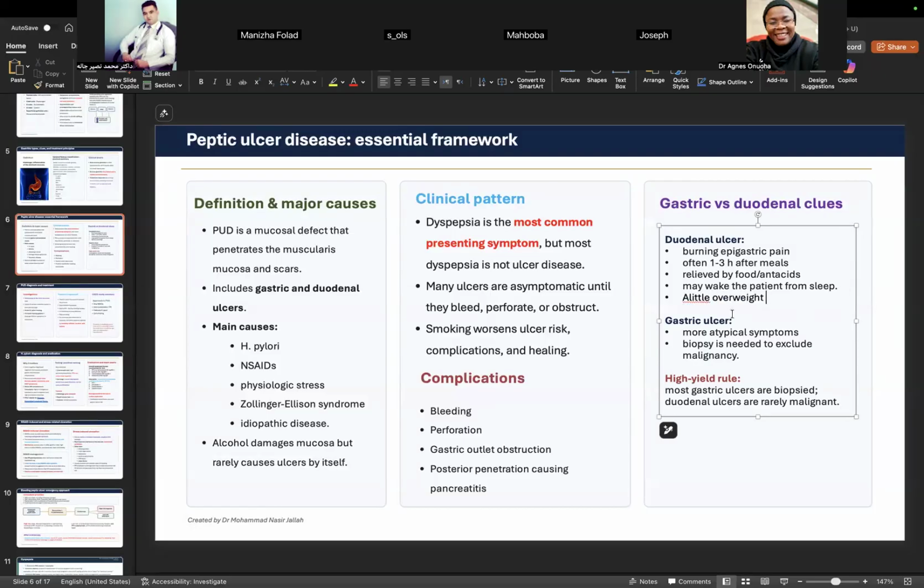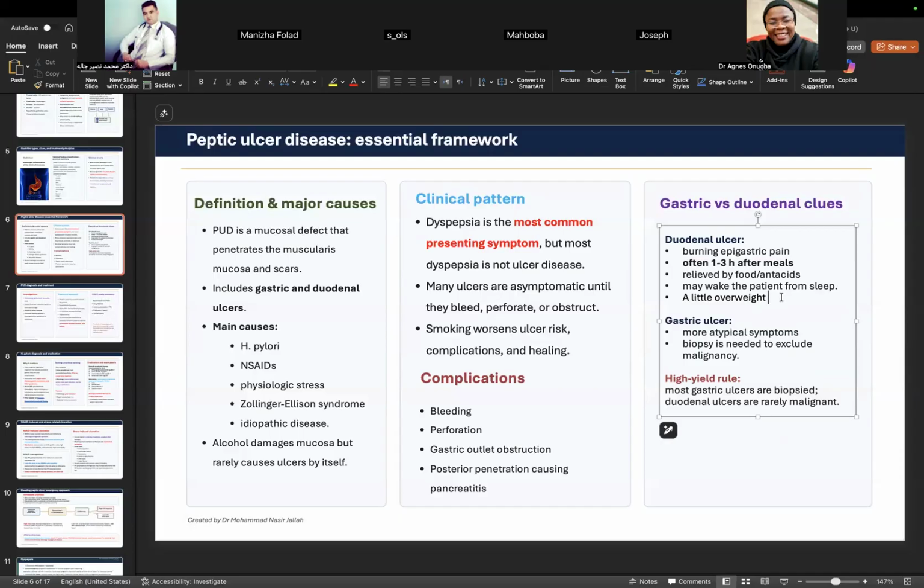And now I tell you why it is going to be a little bit overweight. Remember that the patient usually eats a lot in order to control the pain. So if you have a duodenal ulcer patient, or if they give you a scenario about someone who is, let's say, 45 years old, and a little overweight.